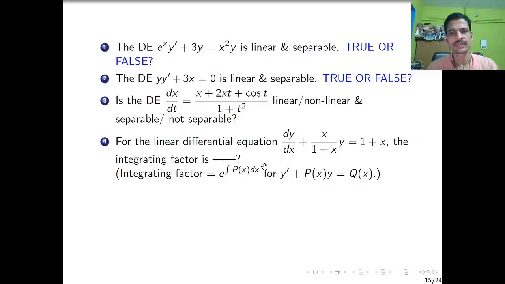So the integrating factor will be e raised to the integral of x divided by 1 plus x dx. You can simplify that expression and that will be your answer. And you can use this integrating factor to solve this first order linear differential equation.